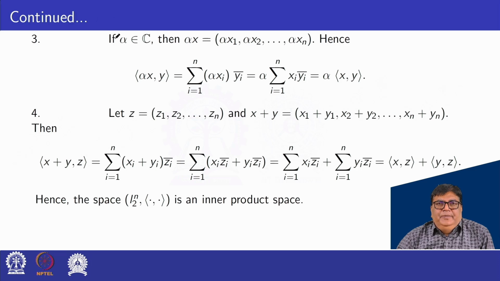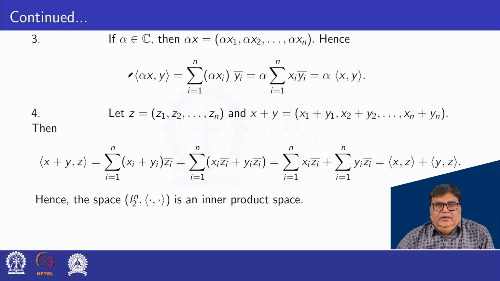Third, if alpha belongs to C, that is a scalar, then alpha x equals alpha x1, alpha x2, and so on, alpha xn. So for the inner product of alpha x, y, the ith place of alpha x is alpha xi, and the ith place of y is yi.